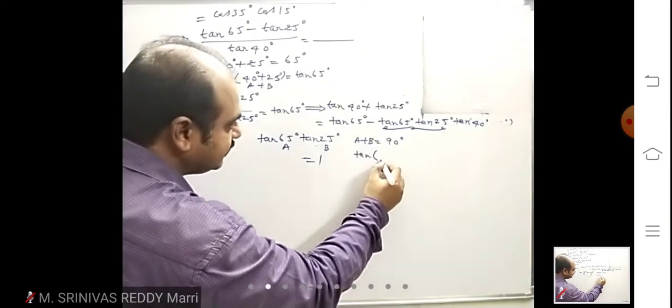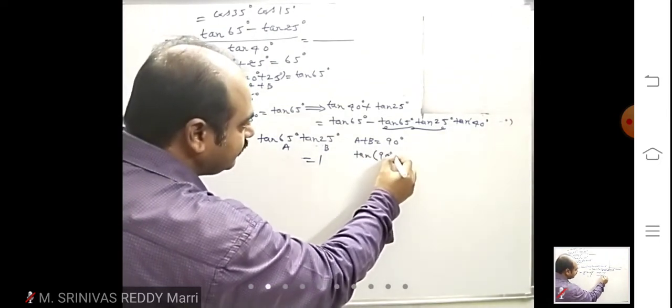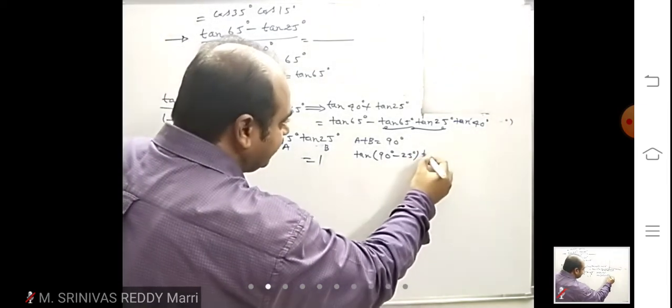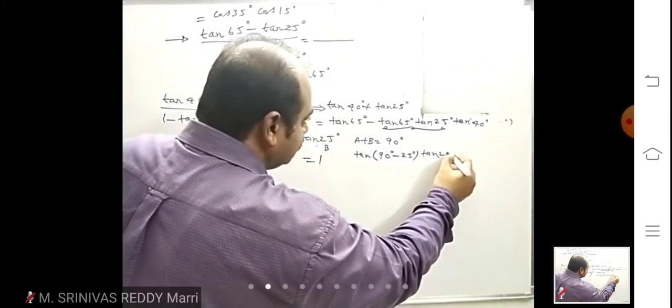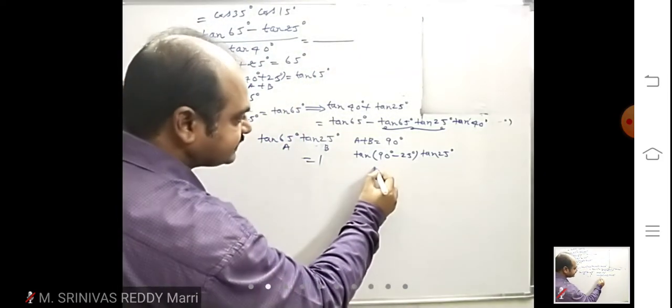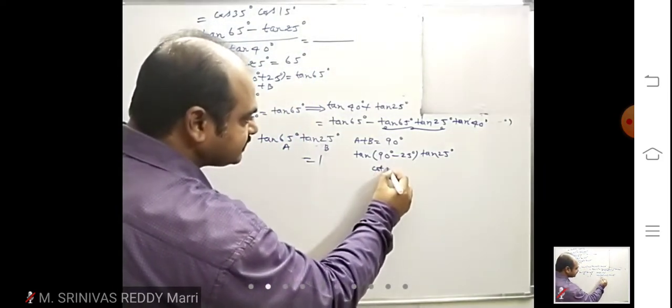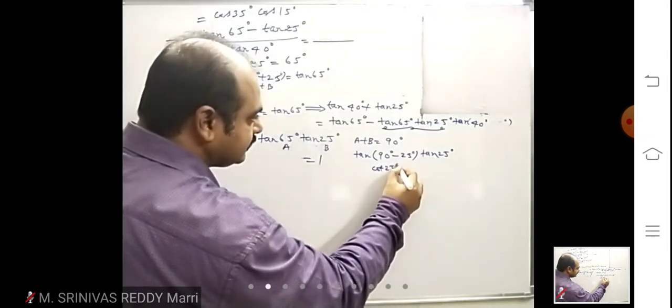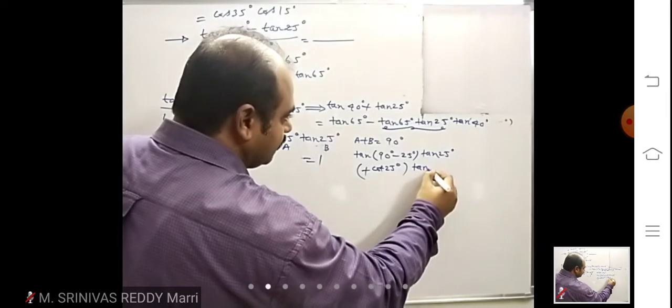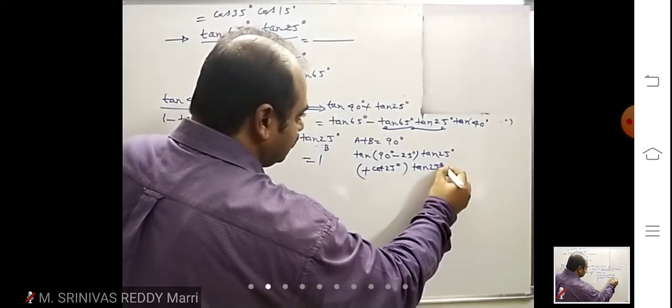Otherwise, if you don't remember, you write this as tan of 90 degree minus 25 degree into tan 25 degree. Tan of 90 minus theta, that means first quadrant, is cot theta, cot 25 into tan 25.